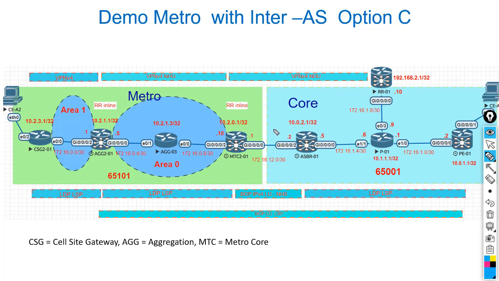The metro network and core network are segmented into different AS systems, and within the metro, the access layer and aggregation layer are segmented into different OSPF areas. The CSG router acts as a PE router connecting to customers or to other equipment for different kinds of service.